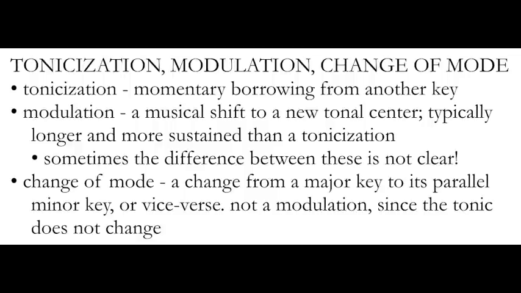The biggest difference between a tonicization and a modulation is the amount of emphasis on the new key center. A tonicization tends to have a very short and fleeting moment of emphasis, whereas a modulation tends to have a more sustained and longer period of emphasizing this new key center.